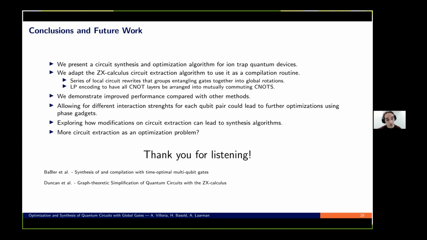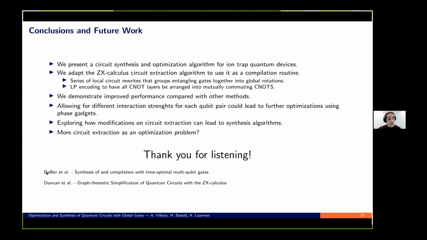Also, thinking of the circuit extraction part, or the part where we do the simplification, as optimization problems, or encoding this in solvers, I think we can benefit from it. If you want to learn more, and you're not familiar with circuit extraction and simplification, you can go to the graph-theoretic simplification for quantum circuits paper.